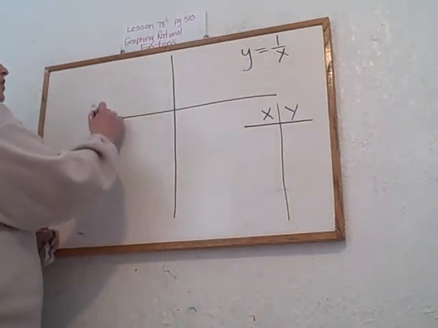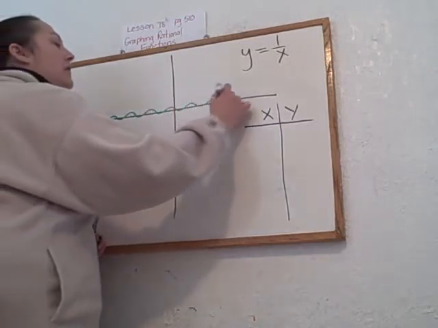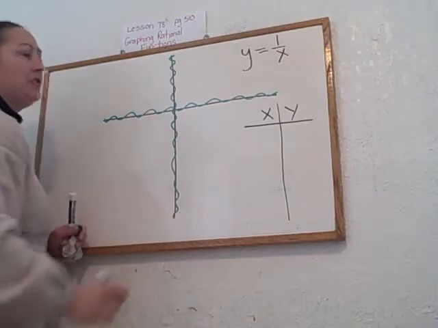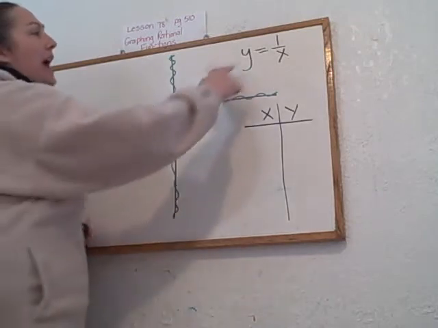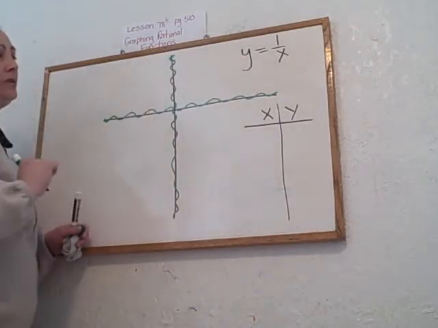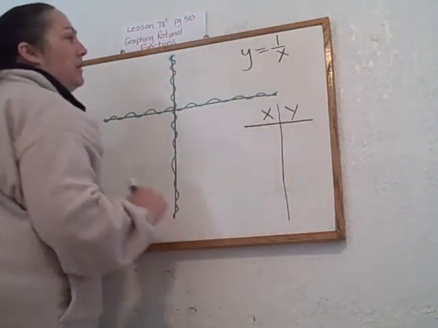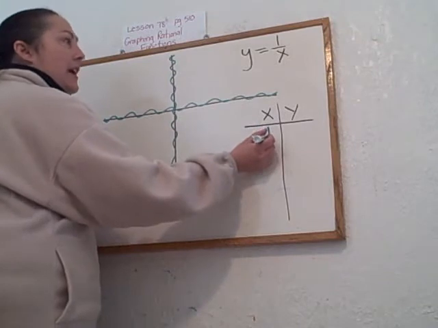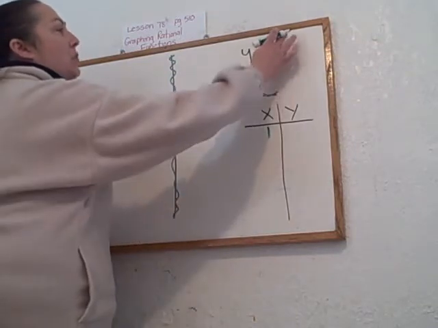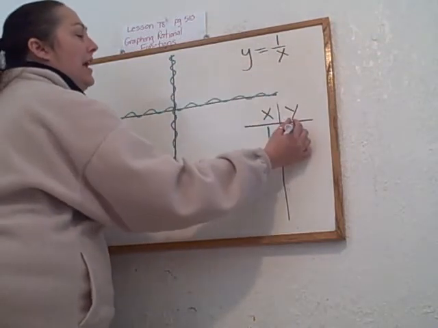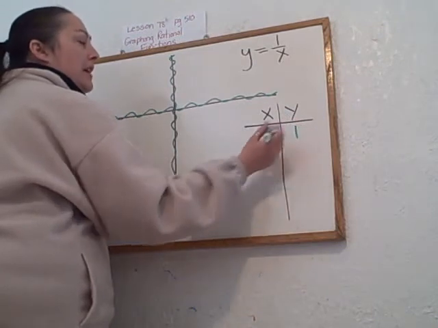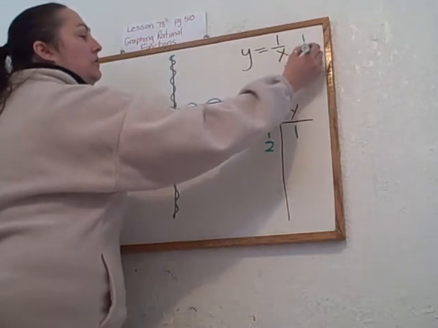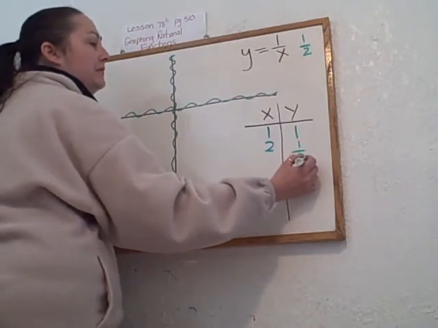So my asymptotes are the axes in these problems. Those are actually my asymptotes. My graph will never come in contact with those lines. Let's pick some points and see what I'm speaking of here. Let's let x equal 1. If x is equal to 1, 1 over 1, y is also equal to 1. If x is equal to 2, then I have 1 over 2, which is a half.